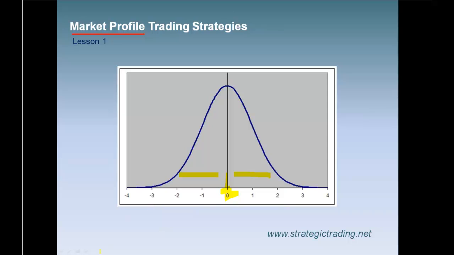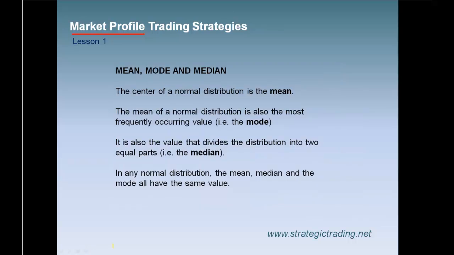Okay, and based on that, I have three key concepts that I want to review with you, and some of you who've had probability and statistics courses may remember these. The center of the normal distribution is what we call the mean, or the average. The mean of a normal distribution is the most frequently occurring value, and therefore it is also called the mode.